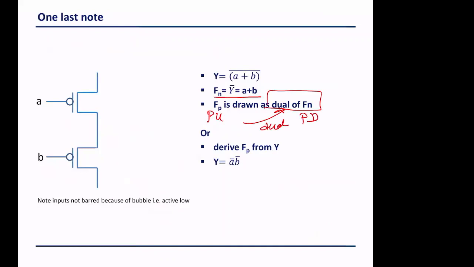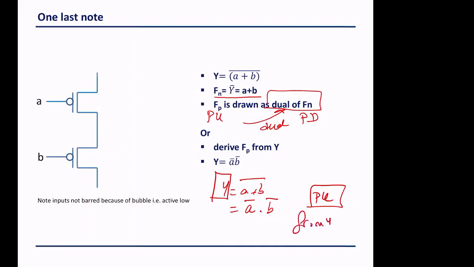I'm just trying to tell you that we could have thought of the pull up independently. If we say Y is A or B bar and expand it, it is A bar times B bar.